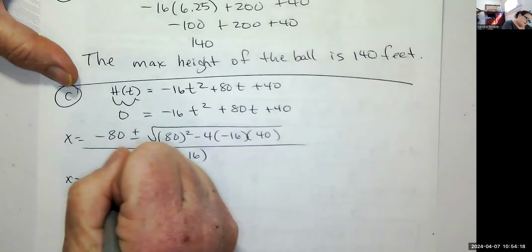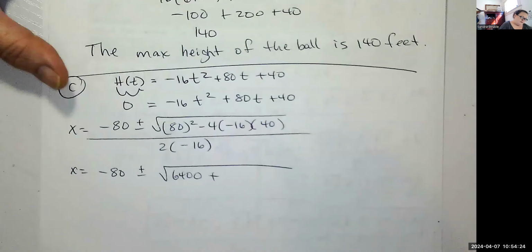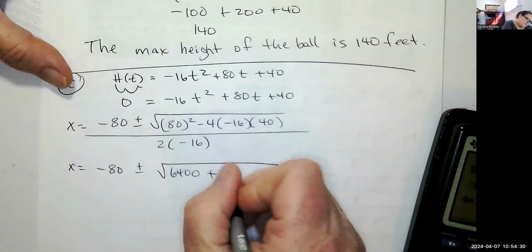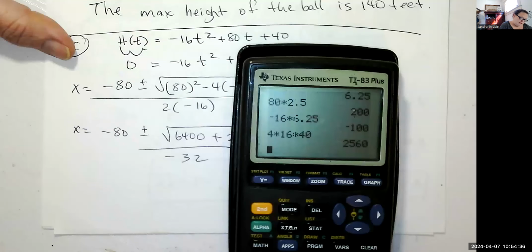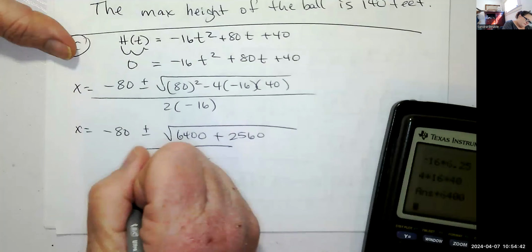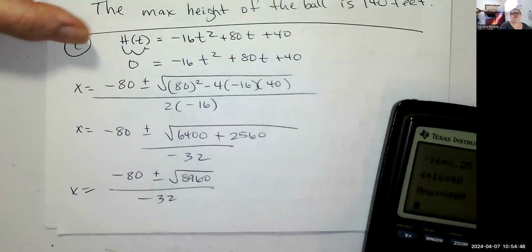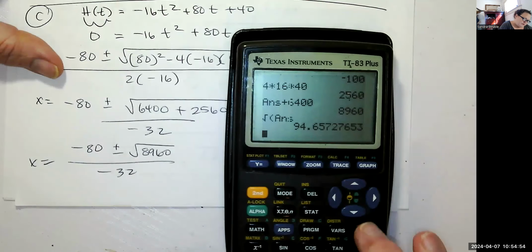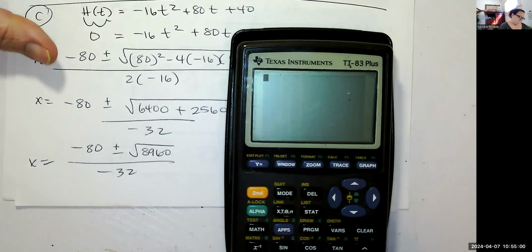All right. 6,400 plus 4 times 16 times 40, 2,560, over negative 32. Plus 6,400, 8,960. Is that a perfect square root? I have no idea. Nope, it is not. Let's see.